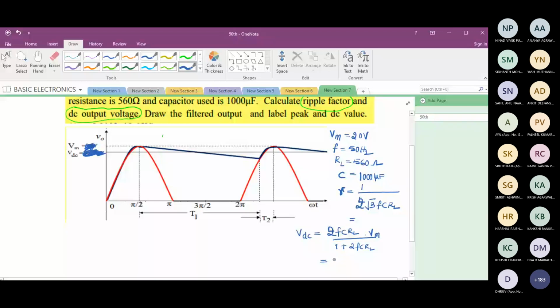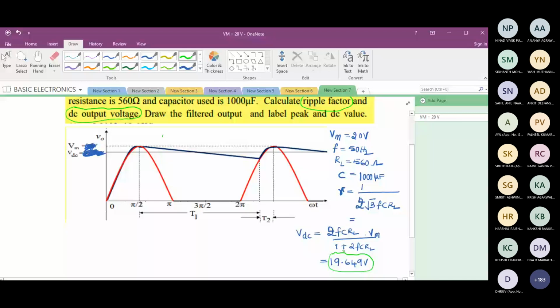Okay. 90 is not possible, sir, not 19. 19.65. 649 volts, correct? Yes, sir. 90 is not possible because VM is 20, the maximum you apply is 20. It was my mistake.